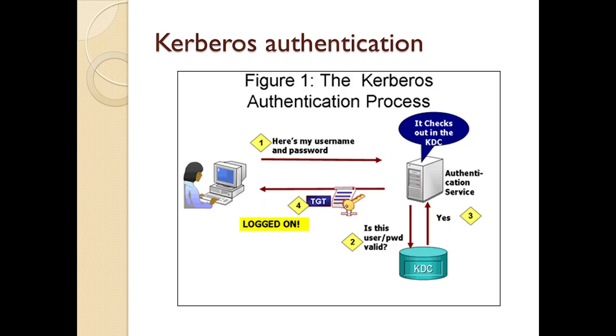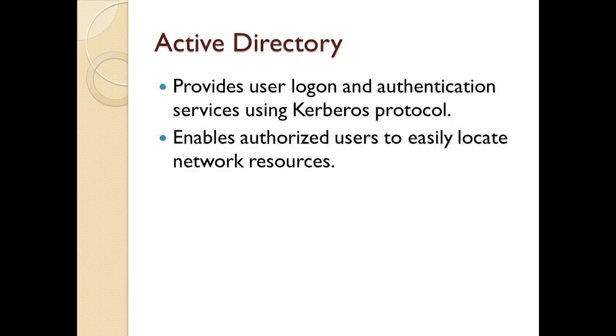The Kerberos protocol will confirm that yes, the user is valid, and it will allow the user to log into the system. This is the background authentication done by the Kerberos protocol when the user tries to log into the system.